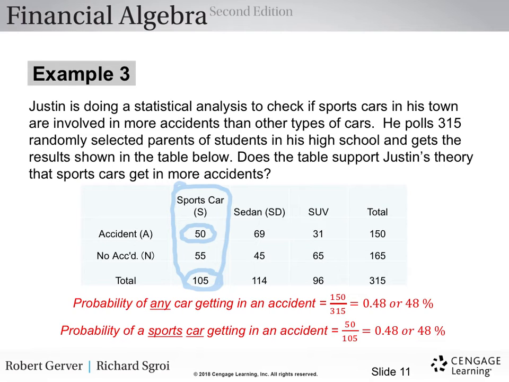So 50 over 105 is also equal to 0.48 or 48%. So does the table support Justin's theories? No, it does not support his theories, because basically what it's saying is that the probability of a sports car getting in an accident is the same as the general probability of any other vehicle getting in an accident, 48%.